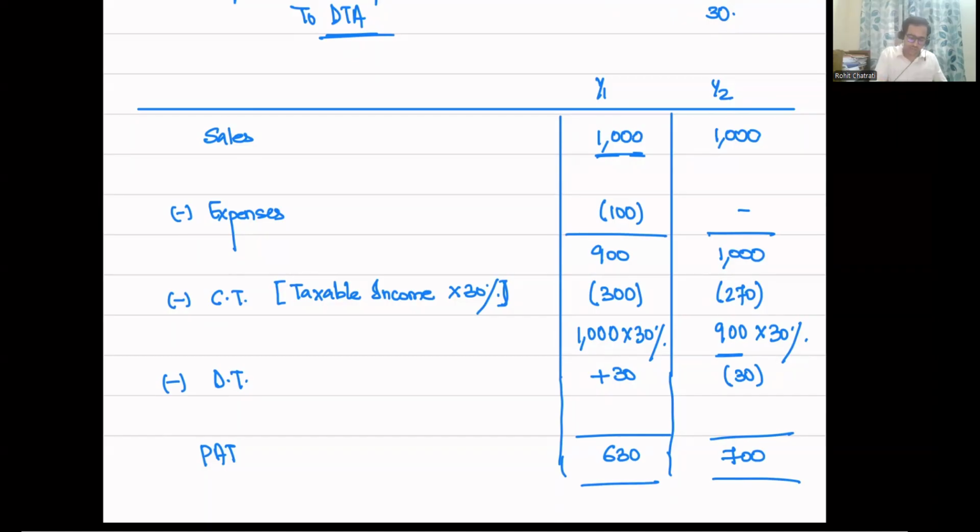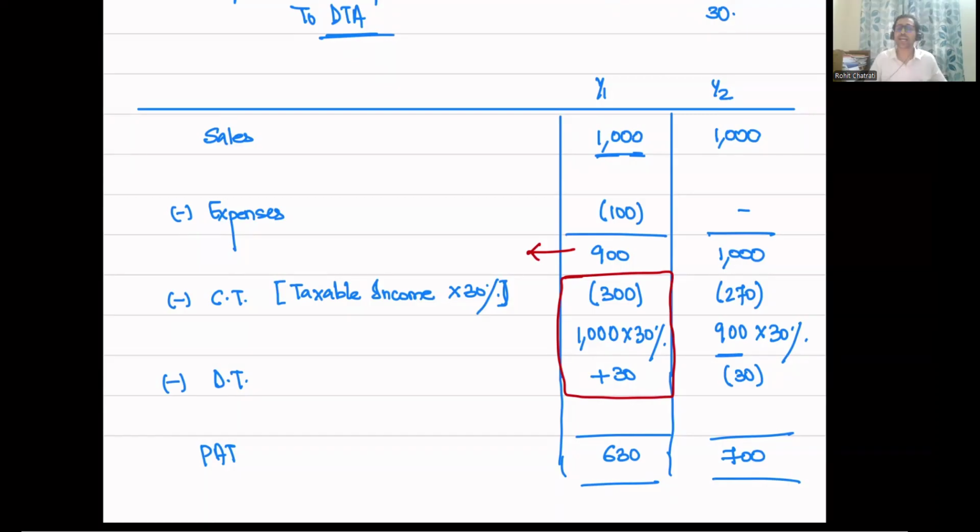Now, if you carefully look at it, the net tax expense for year one is actually equal to 270. That 270 is nothing but the book profit before tax multiplied by 30 percentage.